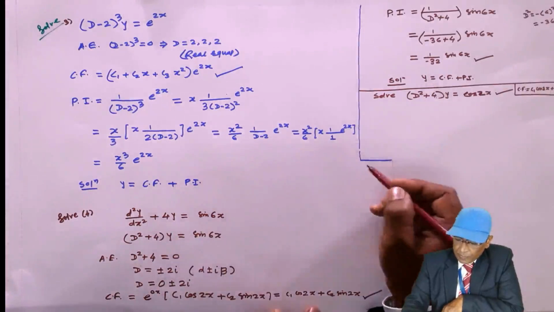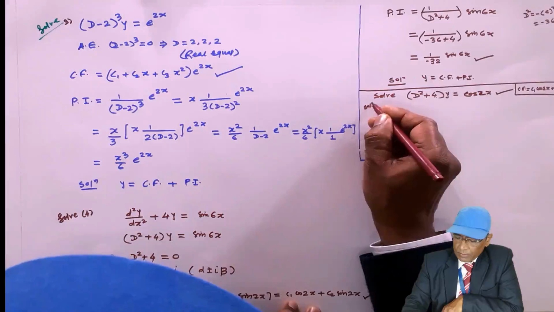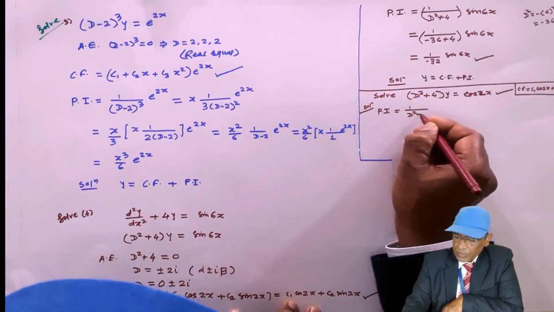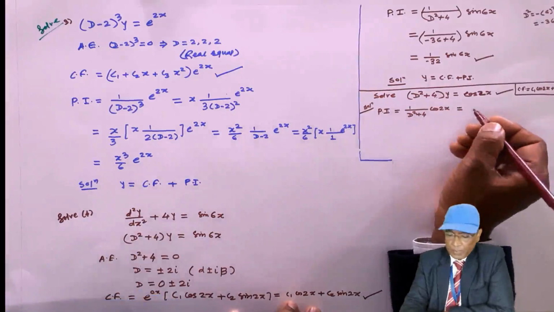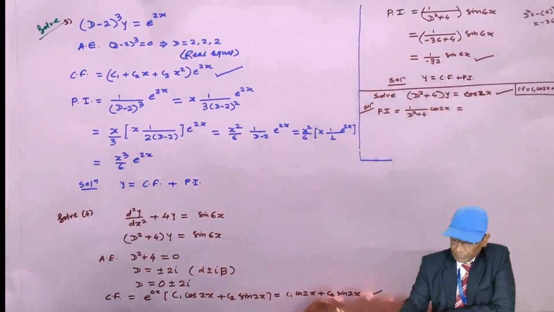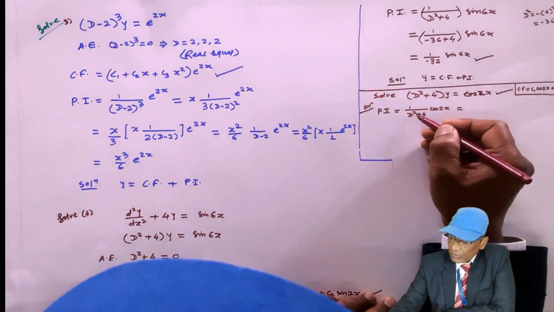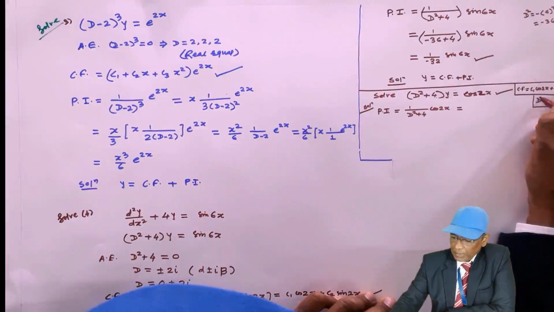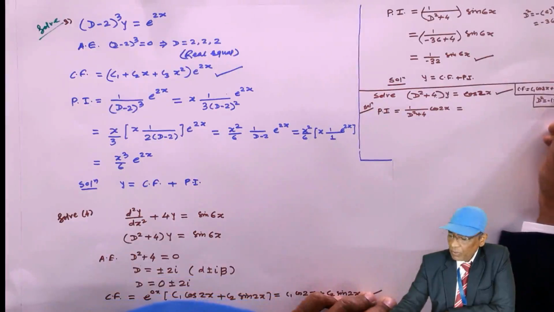Now the particular integral. Particular integral, we are going to solve this. Particular integral is 1 by D square plus 4 cos 2x. Okay, the same procedure is there to operate the operator on sin ax and cos ax. a may be any number. Now, replace D square by minus 2 square. Replace D square by minus a square, minus 2 square means minus 4.